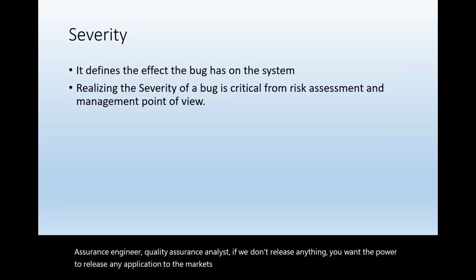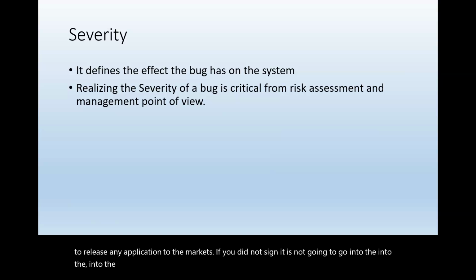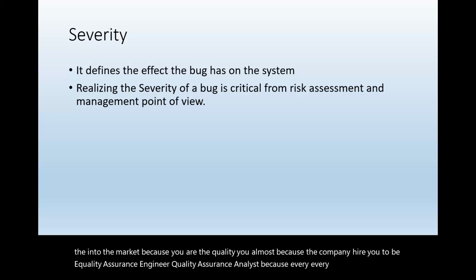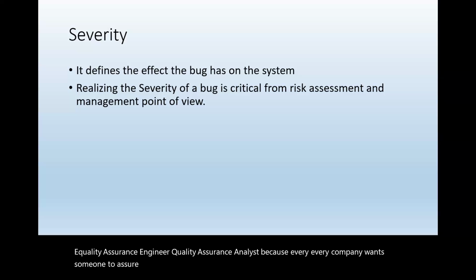If you did not sign it, it's not going to go into the market, because you are the quality. The company hired you to be a quality assurance engineer, because every company wants someone to assure them of the product they're going to release. That's your job duty, the description of your job.